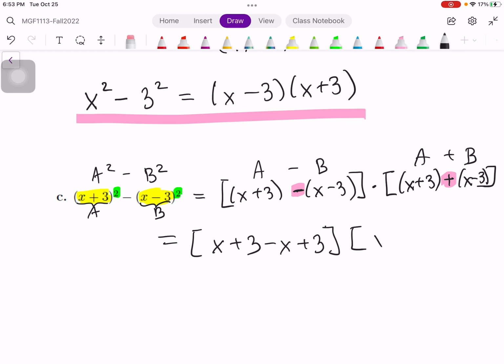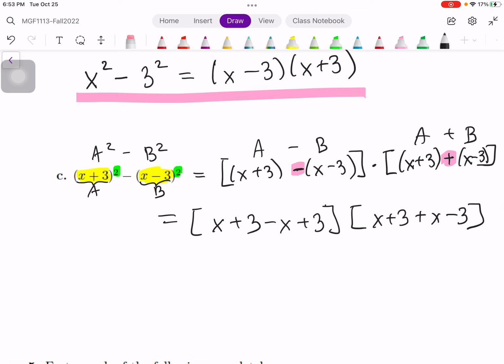And here we will also drop parentheses. Here nothing to distribute, so it stays the same. Notice that here x cancels out, so it's just 6. No need to keep it enclosed with brackets, so just 6 times. And here, if you combine like terms, it's going to be 2x, right? Because here 3 cancels out. So actually it's going to be 12x in simplified form.